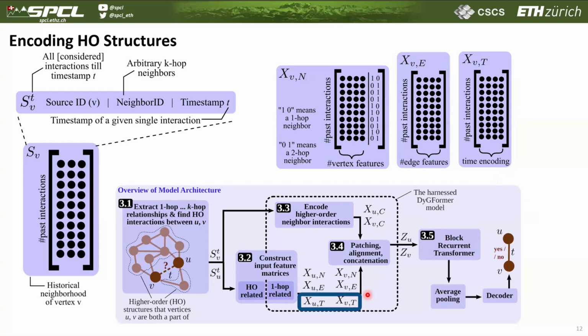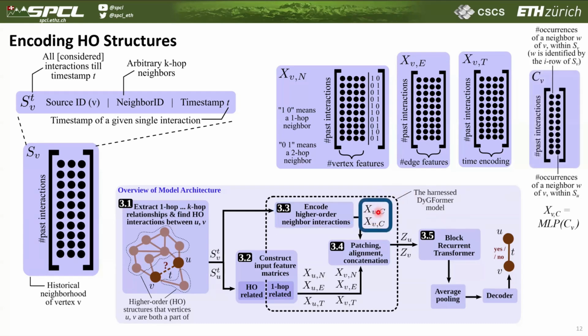So we have these three matrices that we spit out from the part where we construct the input feature matrices. At the same time, we're also encoding the higher order structures themselves. These S matrices and X matrices already consider higher order neighbors, but these are just neighbors. So we also separately encode the structures themselves, like triangles or some higher order cliques that we may have pre-selected.